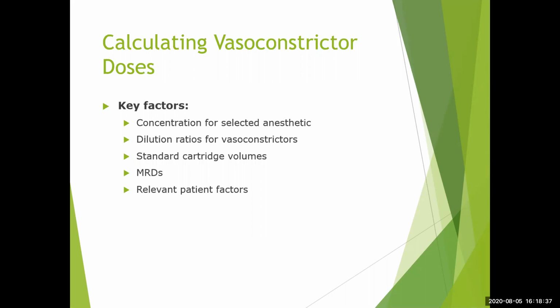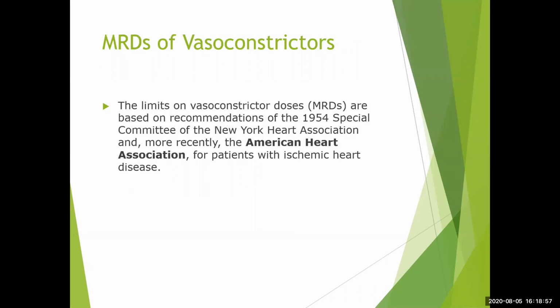So the key factors when calculating vasoconstrictor doses are the concentration for the selected anesthetic, the dilution ratios for the vasoconstrictors, the standard cartridge volumes, the MRDs, and relevant patient factors, basically from their medical history and their weight and things like that.